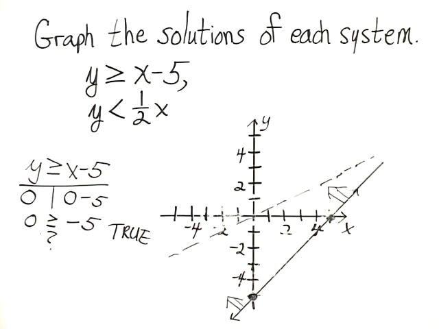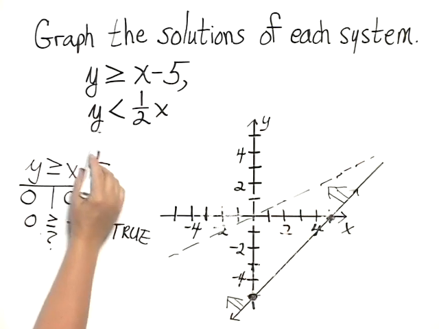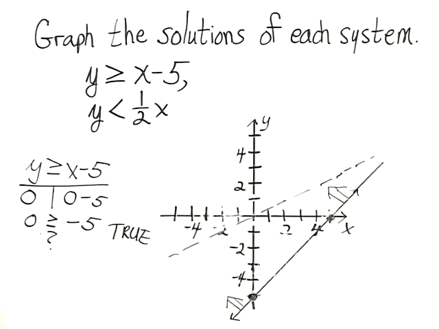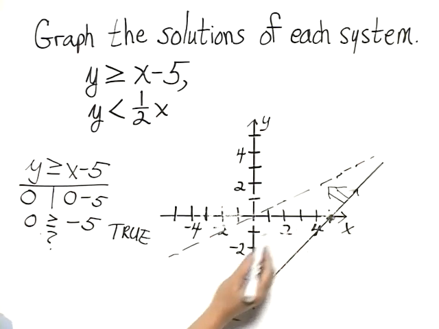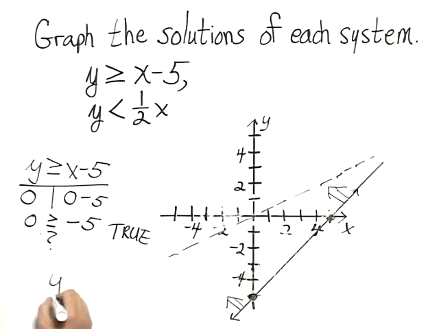Now we need to determine which side of the inequality we would shade for this. And we can't use the test point (0, 0). That's on the line. Pick any test point you want. How about the point right here, which is (2, 0). So we have y is less than 1/2 x.